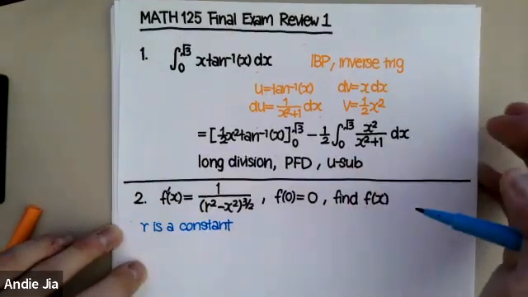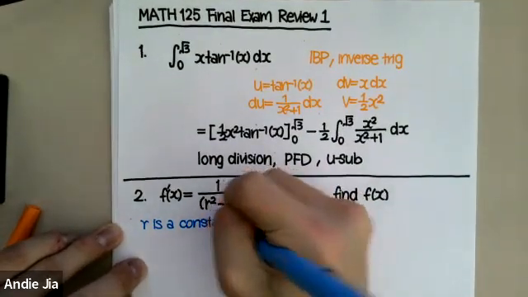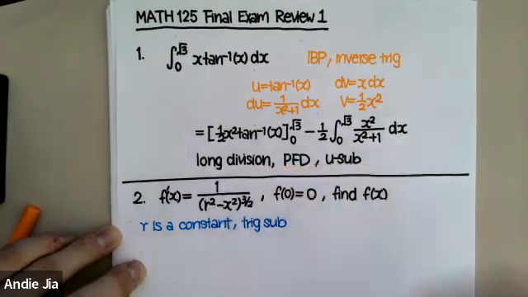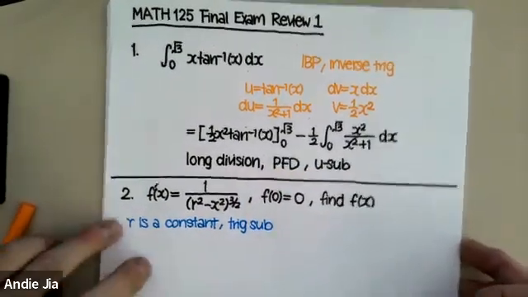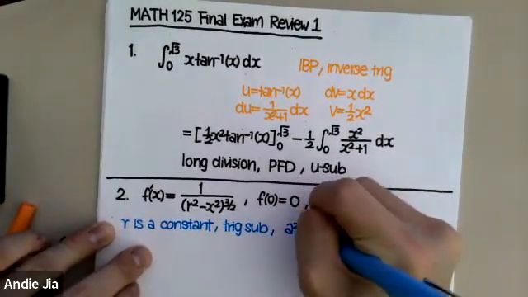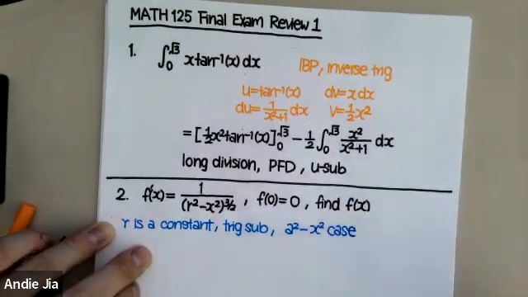And trig sub will be the technique used for this integral. And this is going to be a squared minus x squared. The x squared case is here.